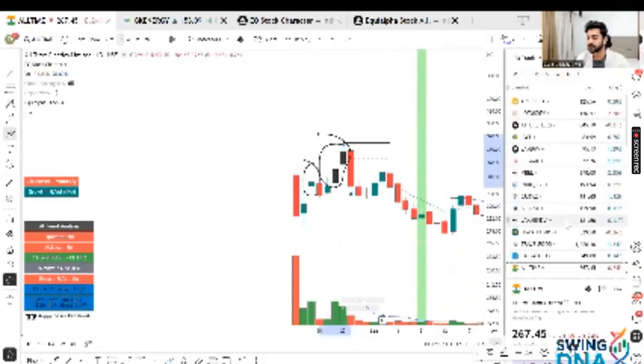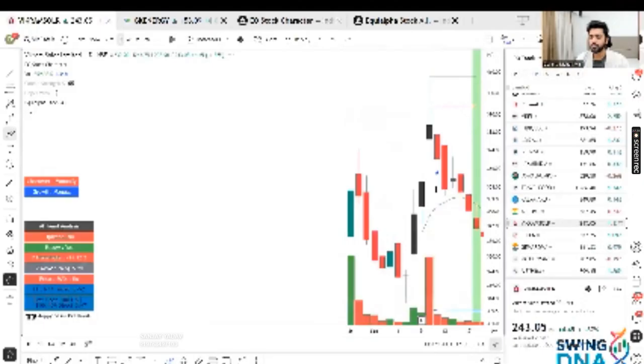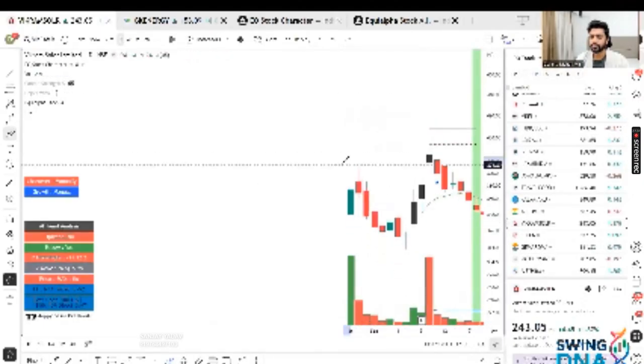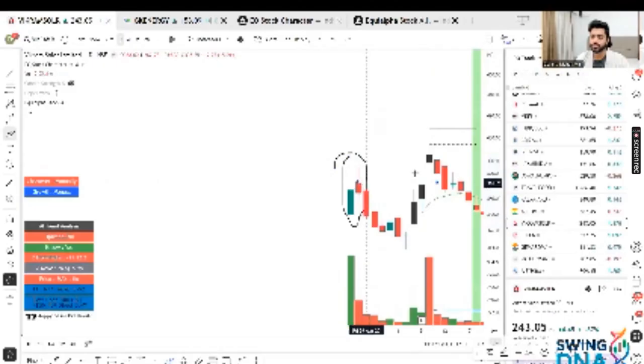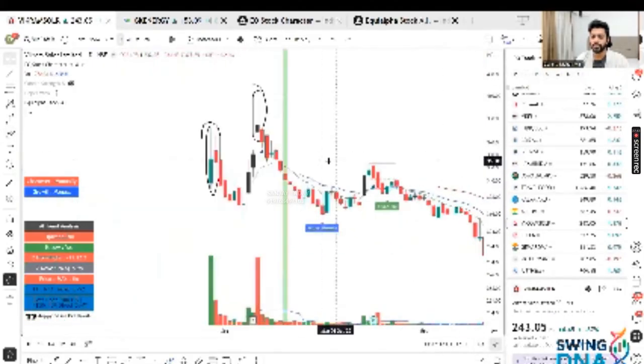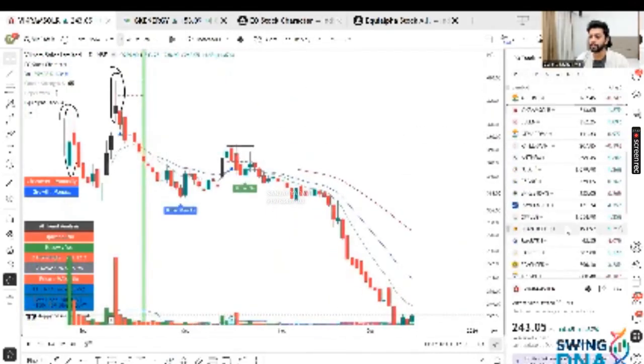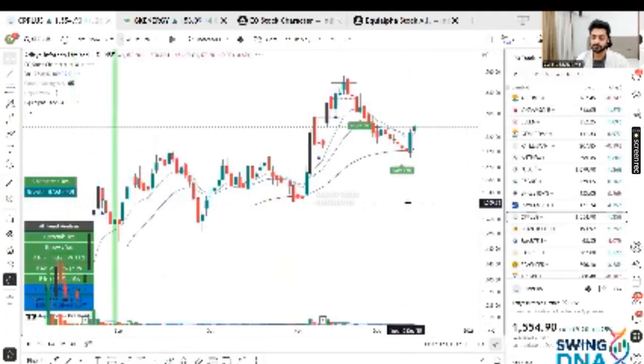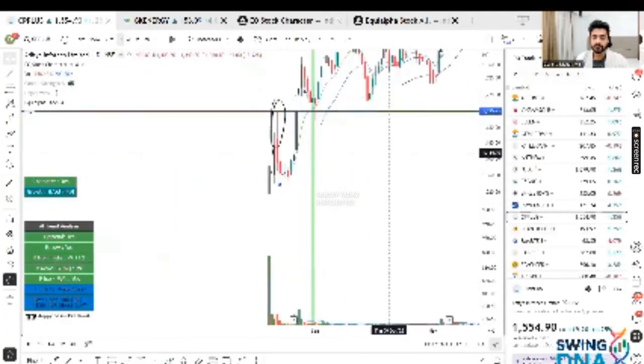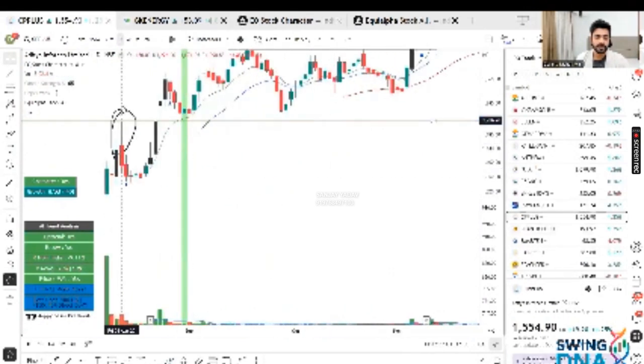Squats and squats. Vikram Solar. Initial day squats, next day squats, here a full squat. Okay, and then it did not progress. It kept on going down and down. CP Plus. Look at this high squat, high wick here.